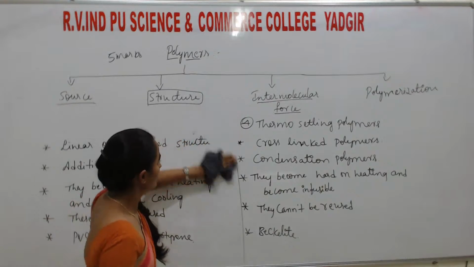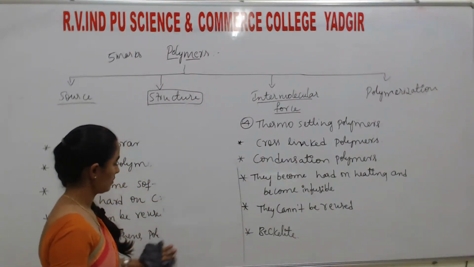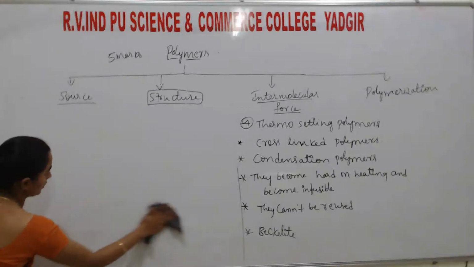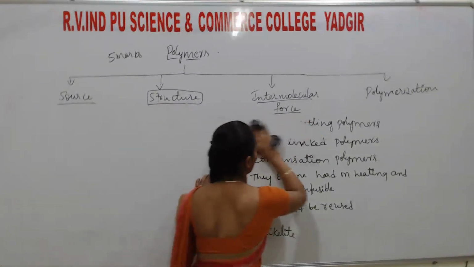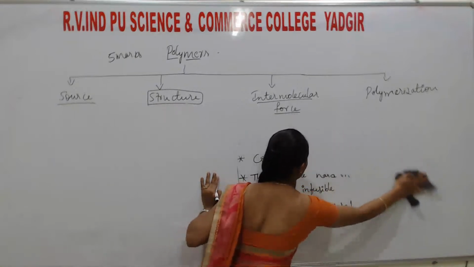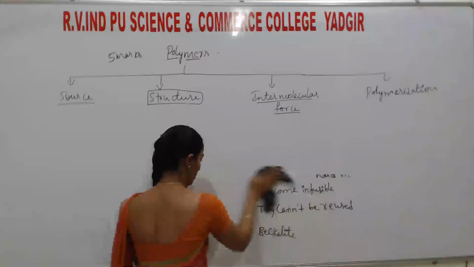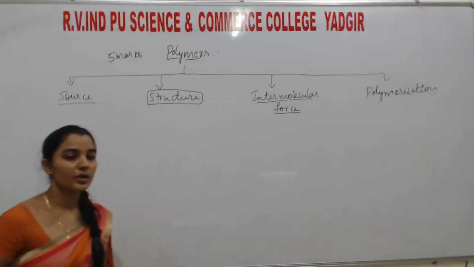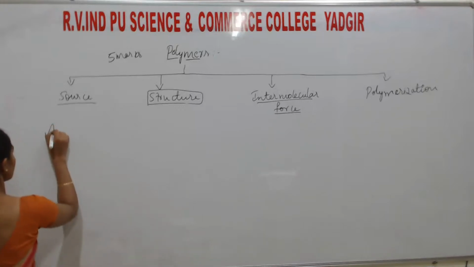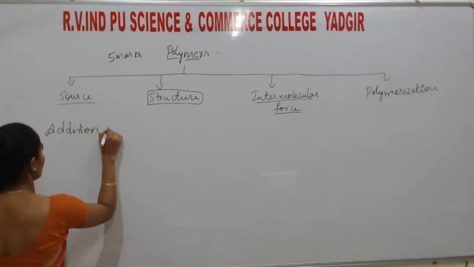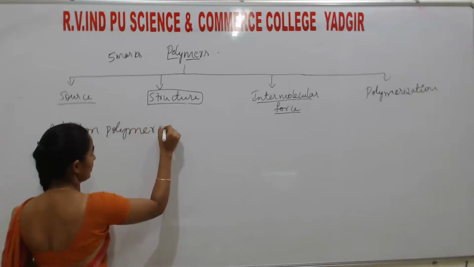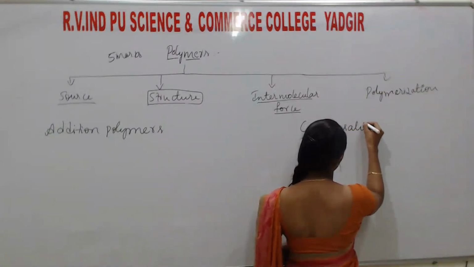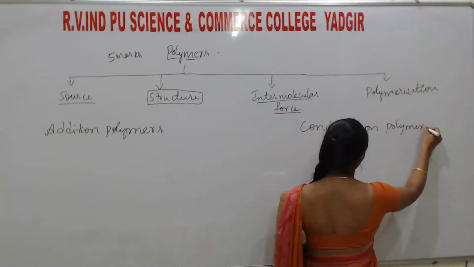Okay, the next one is based on polymerization. So students, based on polymerization, they are classified as addition polymers and condensation polymers, two types.